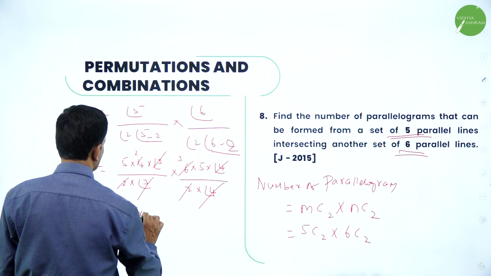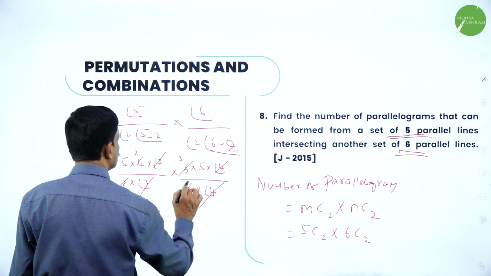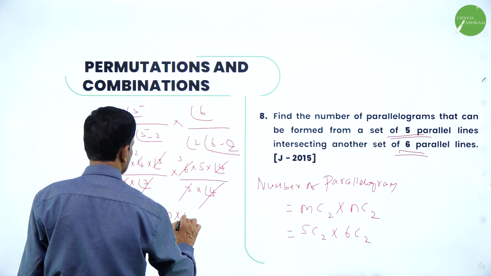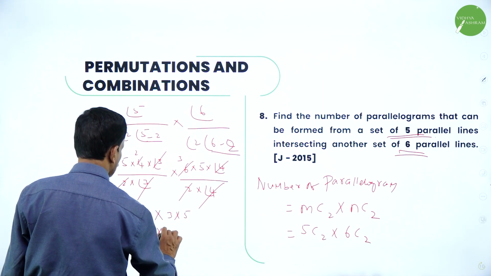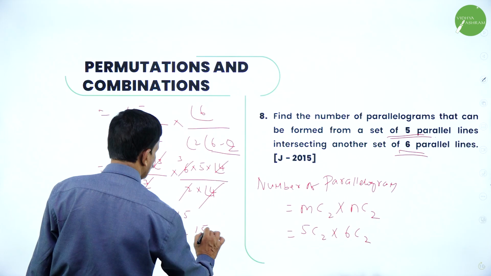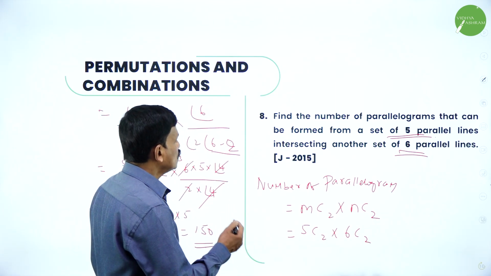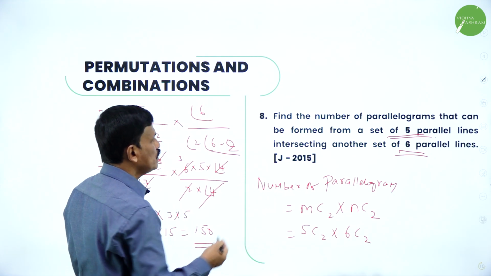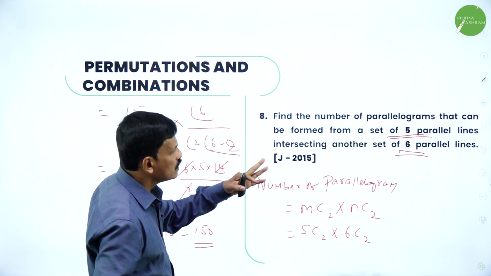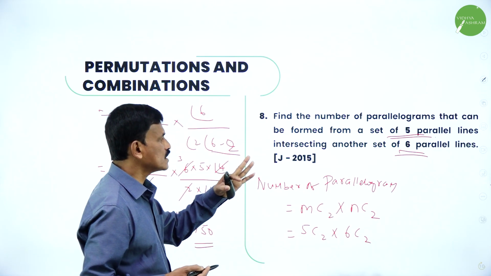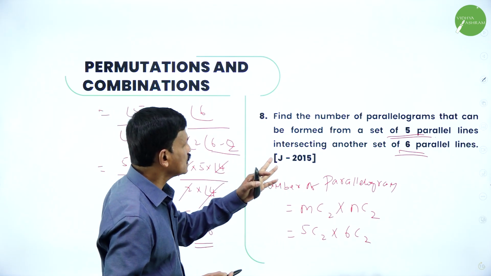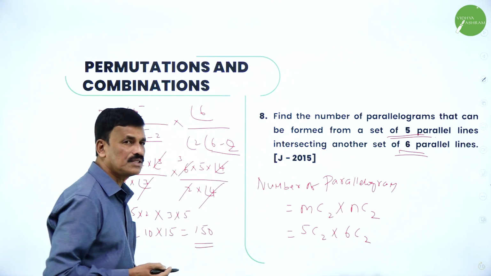What is left? 5 into 2 into 3 into 5. That is equal to 10 into 15, which is 150. 150 is the required answer. Therefore, the number of parallelograms that can be formed from a set of 5 parallel lines intersecting 6 parallel lines is 150 ways.